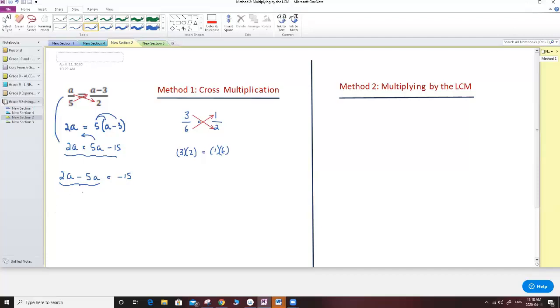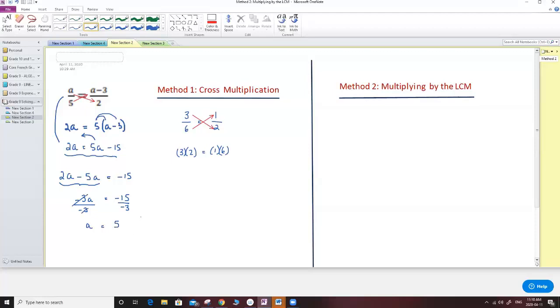So 2a minus 5a gives me negative 3a, equal negative 15. Now I can use the inverse method by dividing both sides by negative 3. With this, I can isolate a, and the answer is going to be 5.